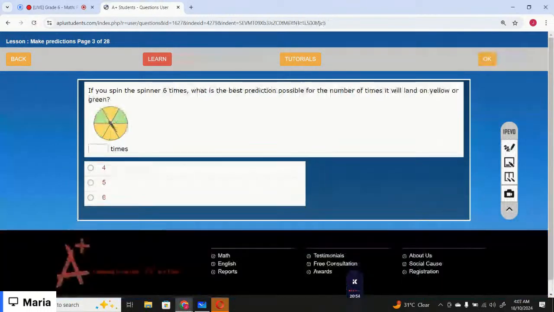Okay, if you spin the spinner 6 times, what is the best prediction possible for the number of times it will land on yellow or green, which is the correct option?